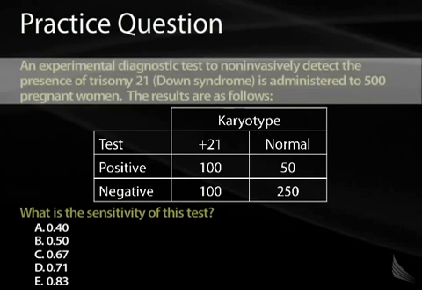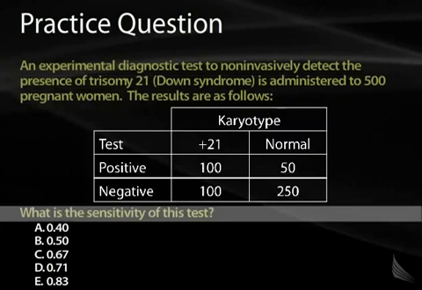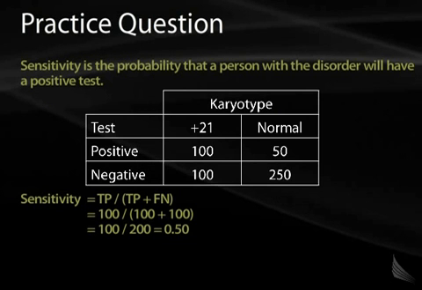Question. An experimental diagnostic test to non-invasively detect the presence of trisomy 21, which is Down syndrome, is administered to 500 pregnant women. The results are as follows. What is the sensitivity of the test? Here we have another 2x2 table with the disease state in the columns and the test result in the rows.